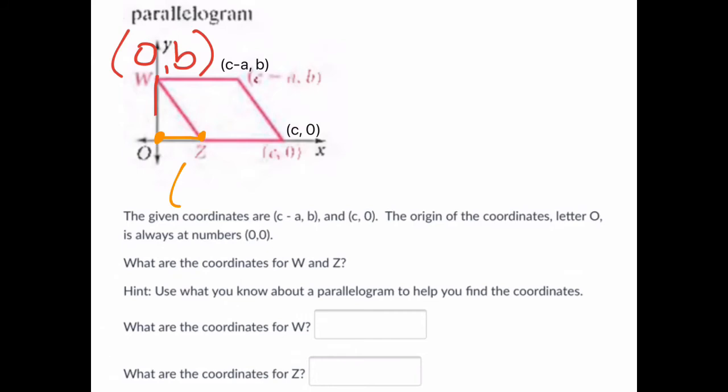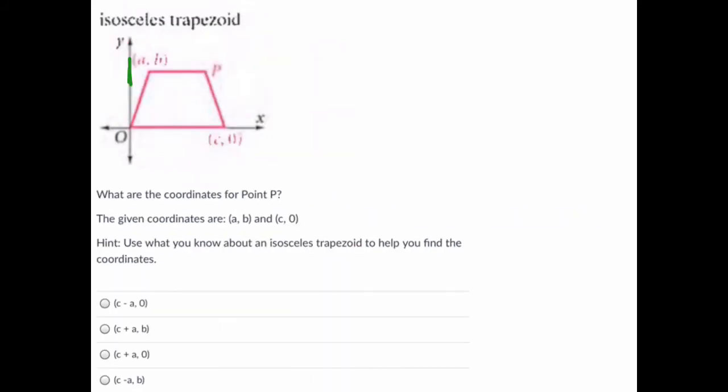This one also comes from the practice here. What are the coordinates for point P? To begin with, let's note that the distance from our y-axis to this point here moves out A. So this distance is A. From here to here is A, which means, because this is an isosceles trapezoid, from here to here is also A. However, if we start at the origin and move all the way out to this line, this is C. So to get to point P, you would need to come all the way out here to C and then come back A to get to this line right here.